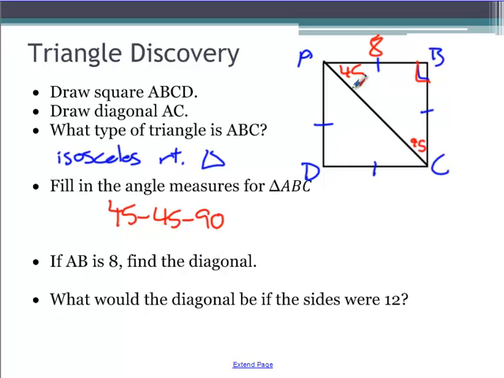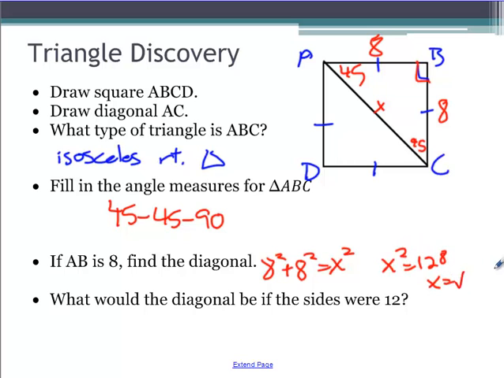Find the diagonal. Well, if that's 8, BC is also 8. Let's call AC x. We could do Pythagorean theorem. 8 squared plus 8 squared equals x squared. Those are both 64, and so when I take 64 and I multiply it by 2, I got x squared equals 128.